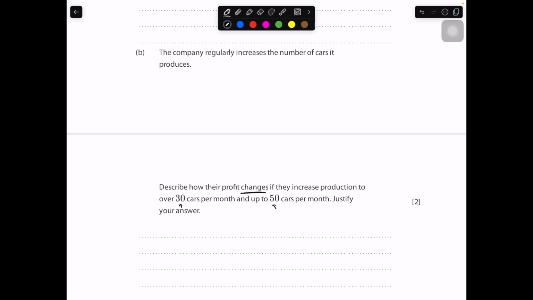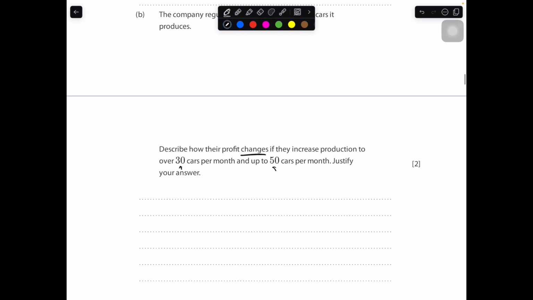What did we have? We had when x was equal to 30. We can write the profit from 30 cars, and we worked that out, it was equal to 480. And the profit from 50 cars was equal to 120.